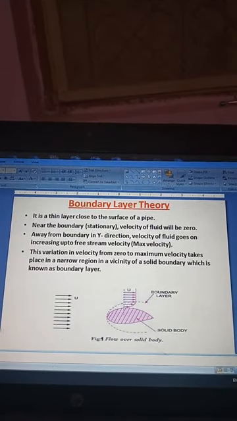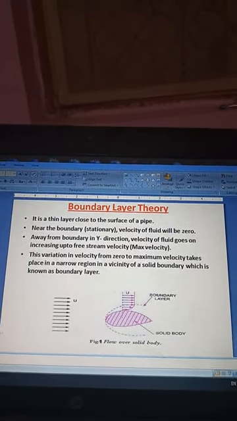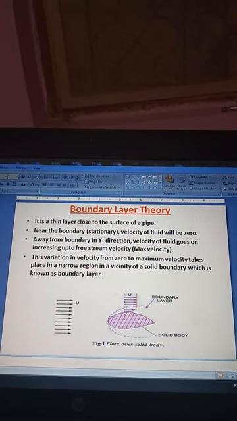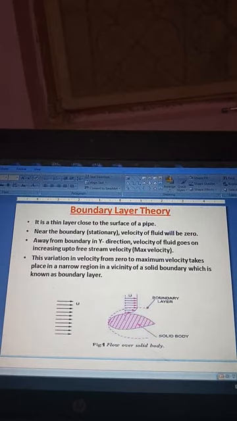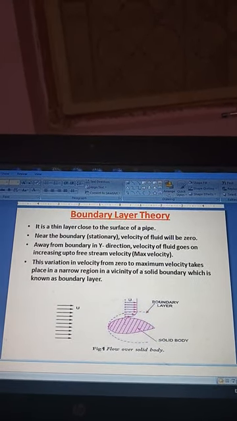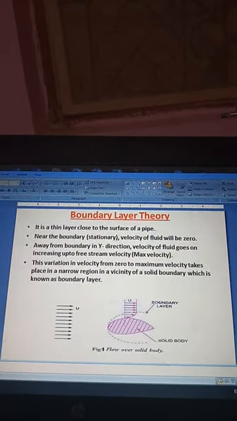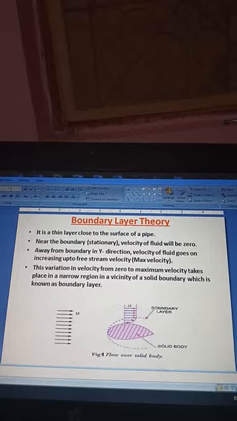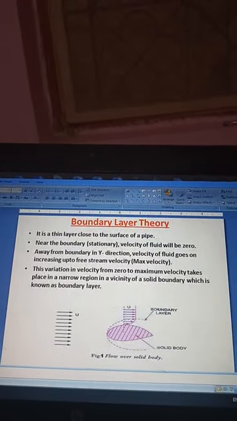Now as you move along the y direction, you will see that the velocity goes on increasing in the y direction. This is because of Newton's law of viscosity, which we have already studied in the first unit.